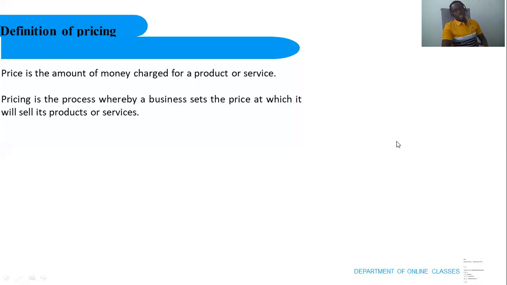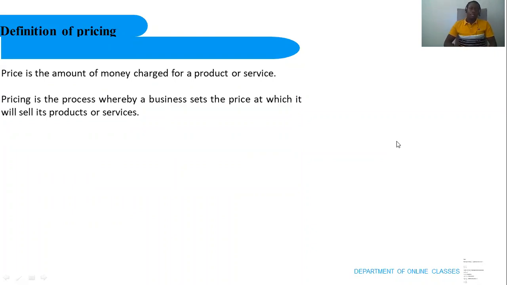First and foremost, let's look at the definition of price. When we say price, what is price? So price is the amount of money charged for a product or a service. So when you get to a shop and you say, "Oh, madam, what's the price of this?" You're asking for the amount of money at which the product can be bought.